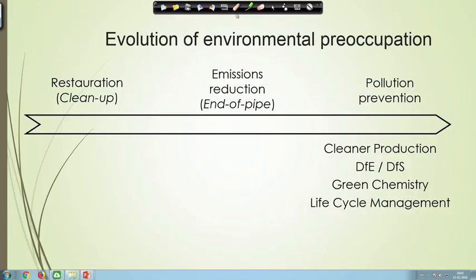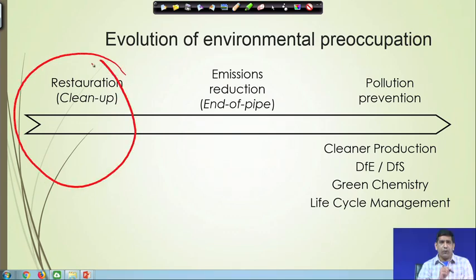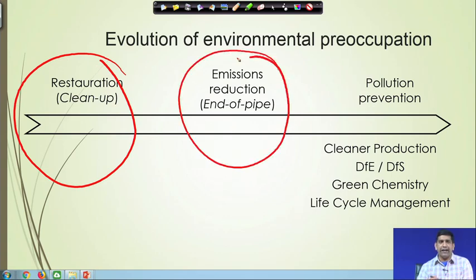So, for all this waste management or electronic waste management, or in general even for environmental work, the concept until very recently was mostly focused on cleanup. It is still, now we do a lot of cleanup because a lot of contaminated sites are there, but the focus was mostly on restoration, on cleanup, emissions reduction, like the end of pipe approach.